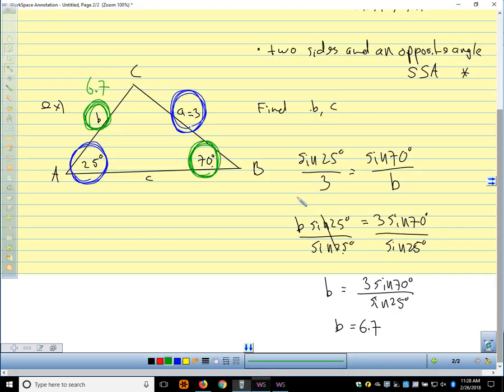All right, now we need to find side C. So we need to make a ratio with this angle on that side. I'm going to use this one again since we already have that one. So I'm going to say that sine of 25 over 3 equals, but I don't know this angle. What am I going to do about that?